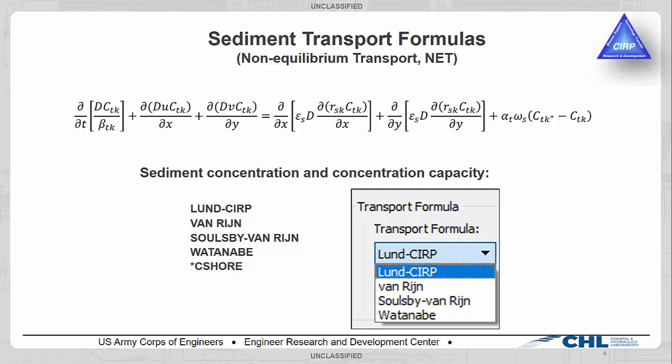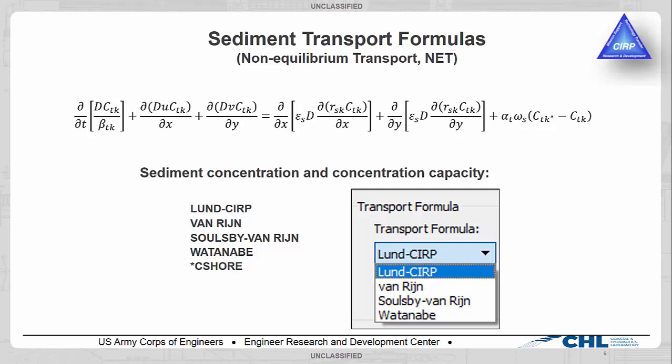We are doing some testing. This model addresses the surf zone process and nearshore cross-shore transport. Later on, after we finalize this testing and incorporate it with the CMS, we will put that in the interface as another option for transport formula.